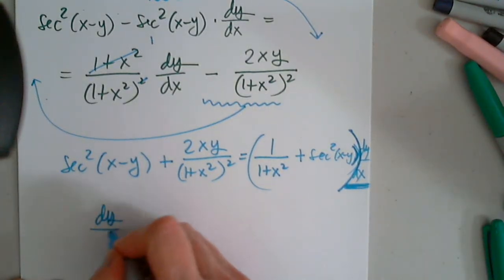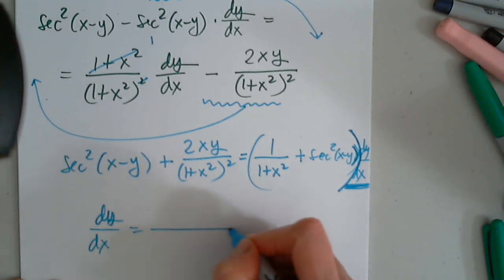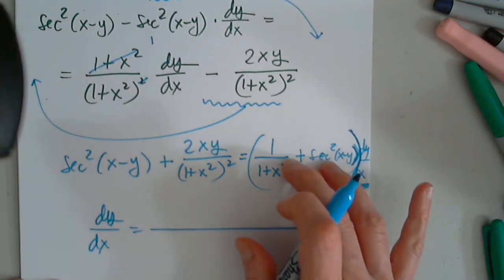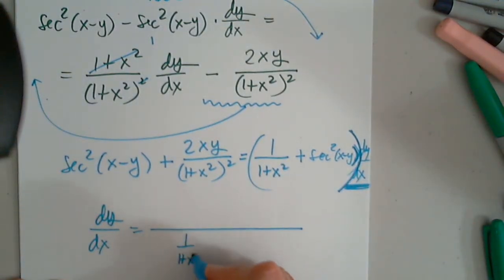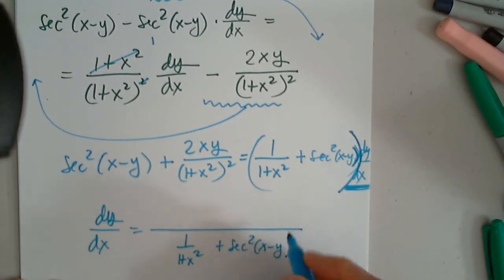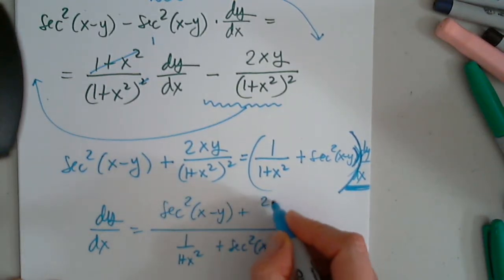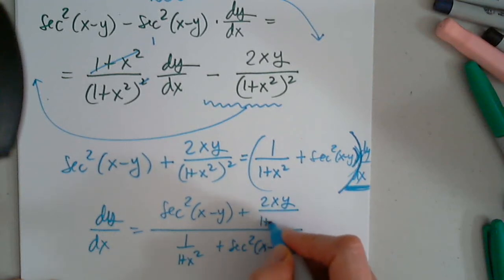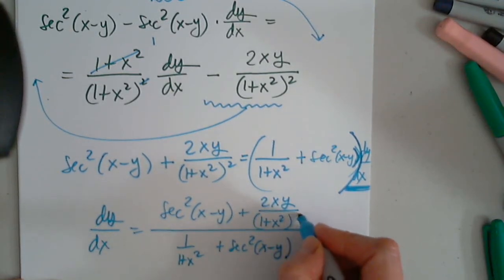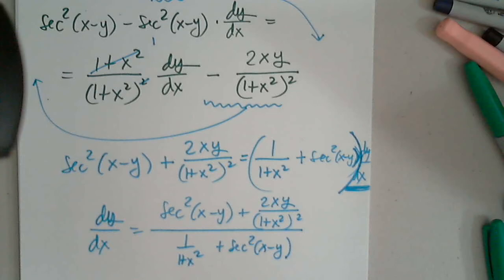So then this dy over dx will be, all this is in the denominator, 1 over 1 plus x squared plus secant squared over x minus y. And the whole thing is in the numerator: secant squared of x minus y plus 2xy over 1 plus x squared squared. Yes, you can find the least common denominator and simplify a little bit. I'm happy with the way it is.